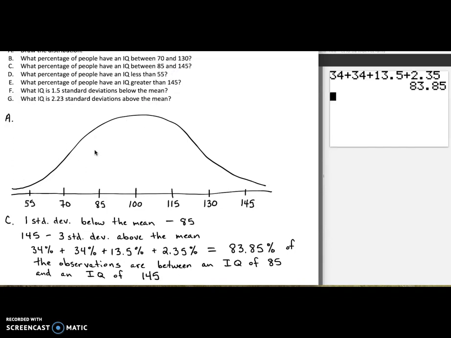B is between 70 and 130. So I'll just do part B right here. So from 70 to 130 is 2 standard deviations either side of the mean. So we can say we are within 2 standard deviations either side of the mean.